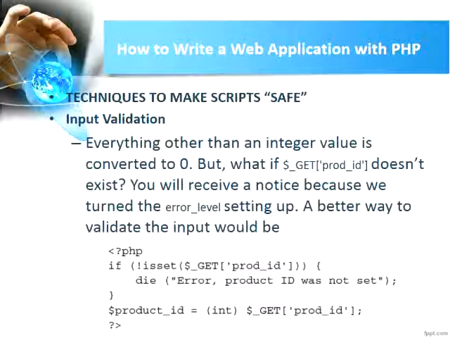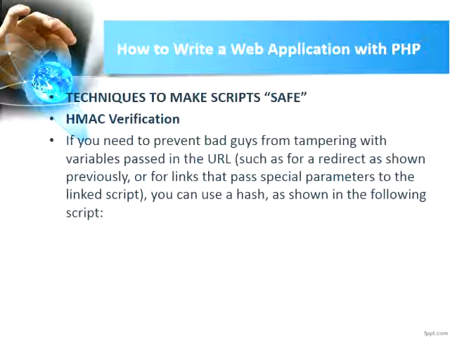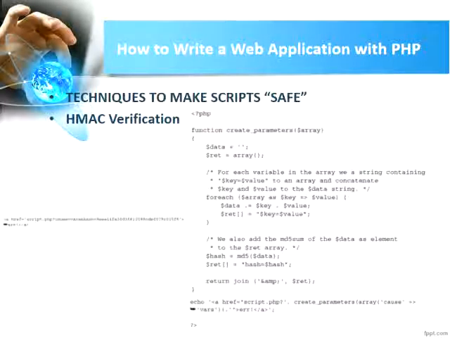For example, everything other than an integer value is converted to 0. This is a manner to check the value of a variable. Also, we can use HMAC verification, which is a technique to make a script safe.